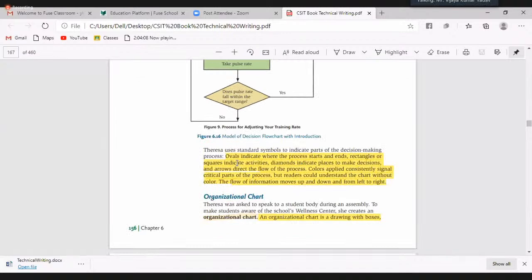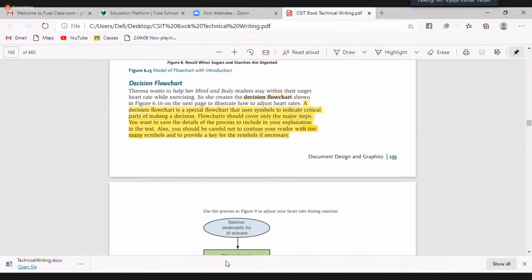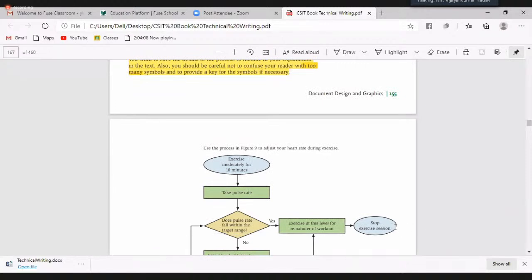See, ovals indicate where the process starts and ends, isn't it? Okay, so ovals indicate where the process starts and ends. See, here an oval shape, and here also an oval shape.